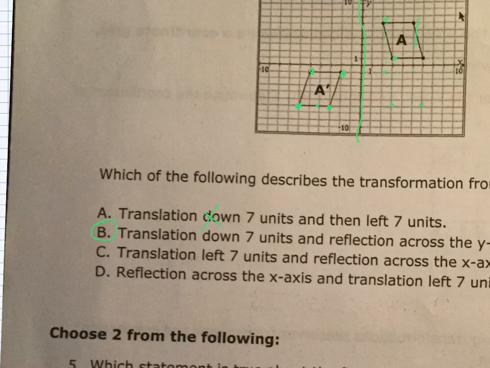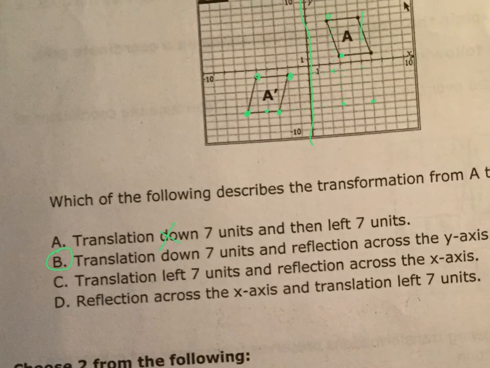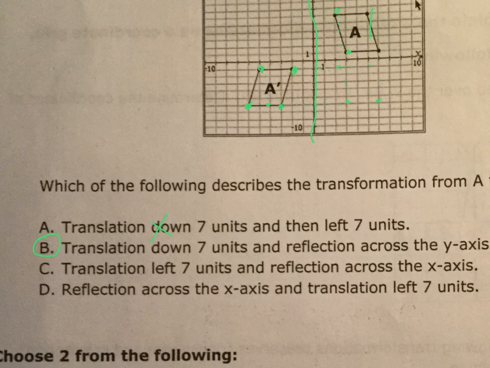Okay, if we try to just check the other ones, just to make sure they're wrong. Translation 7 left. Let me do that in another color, since I have a lot going on here. 7 left and across the x-axis. So we first have to do the 7 left. 1, 2, 3, 4, 5, 6, 7.